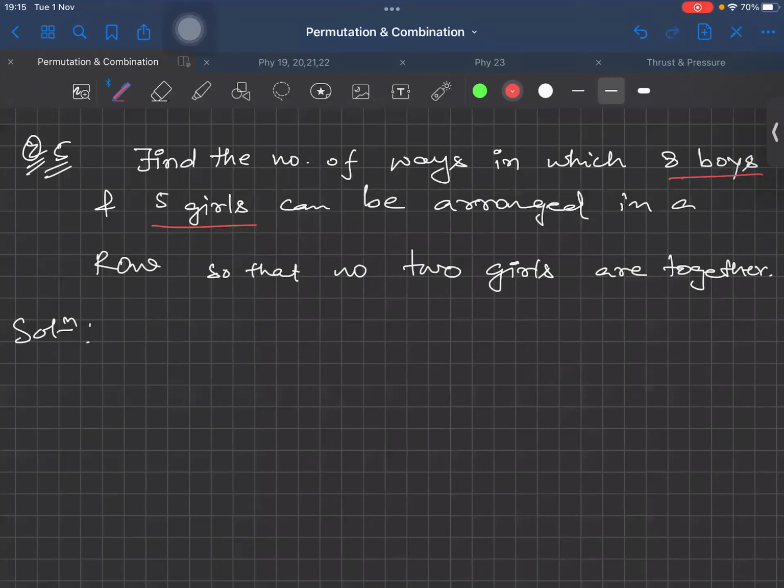First thing, boys can sit together, right? It's just like two girls must not sit together. That means in between two girls, there must be a boy. So let's first make boxes, these places.